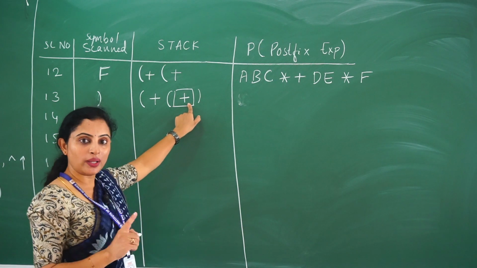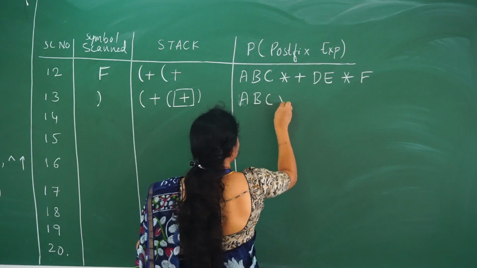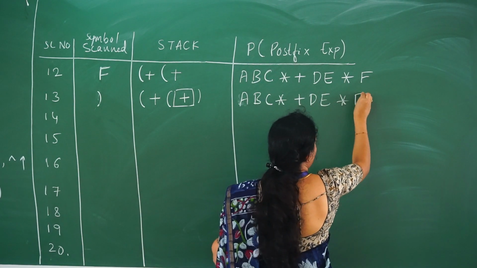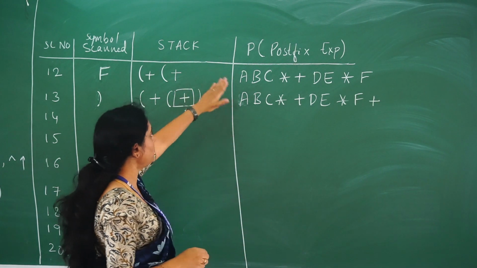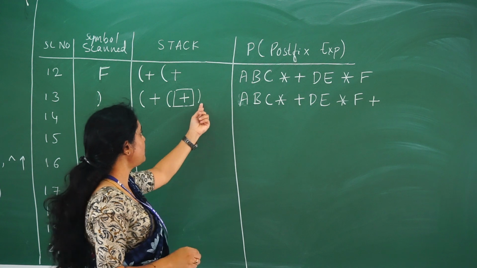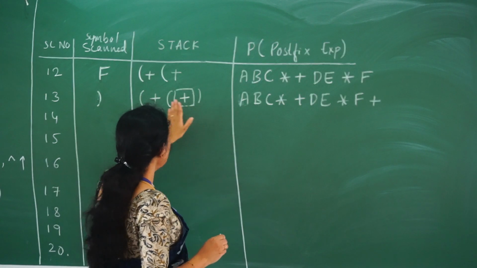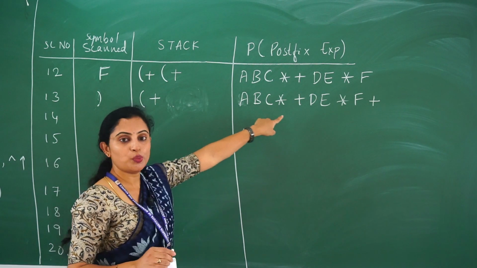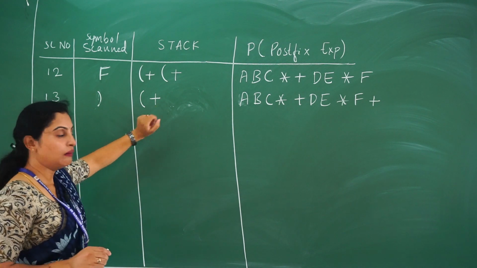Here we have only one operator, so we are going to pop this operator, asterisk F and plus. So we pop all the operators between the right parenthesis and the left parenthesis, and the left parenthesis will be eliminated. We are not going to put it in the postfix expression. So this is what remains in the stack.